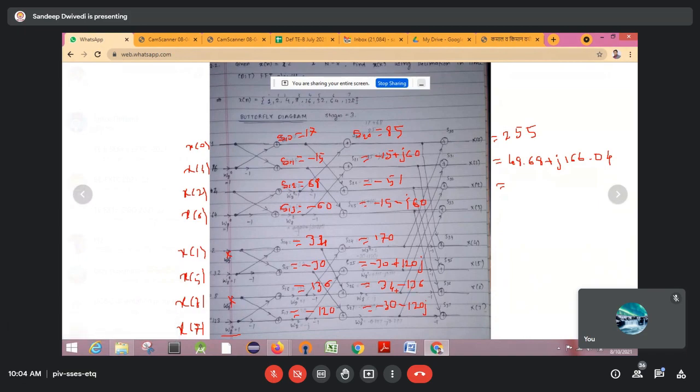So this will be simply minus 102 and minus j, so that will be plus 102j. That you need to add in this 51. So this will be minus 51, negative is there, so this will be minus 51 plus 102j.